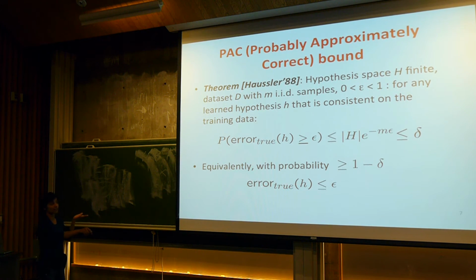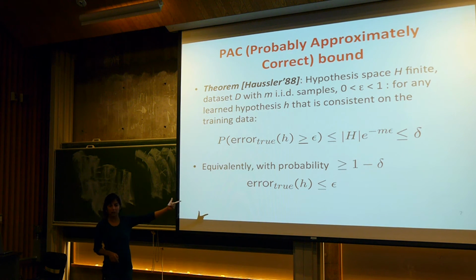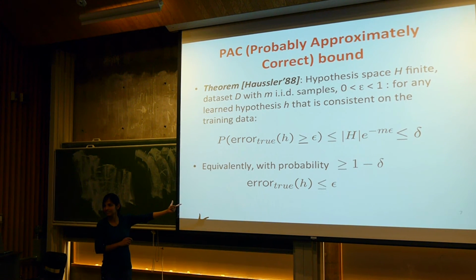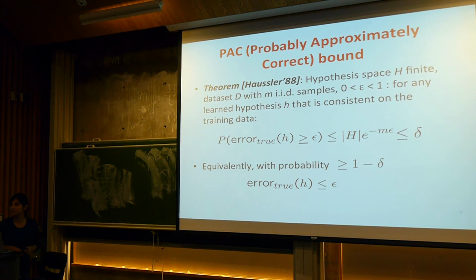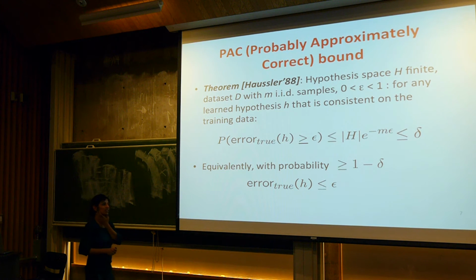Here's an equivalent statement, and as you can see, it is a probability statement: with high probability, your hypothesis is correct, but only approximately. That's why it's called a probably approximately correct, or PAC, bound. With high probability, the classifier is approximately correct.